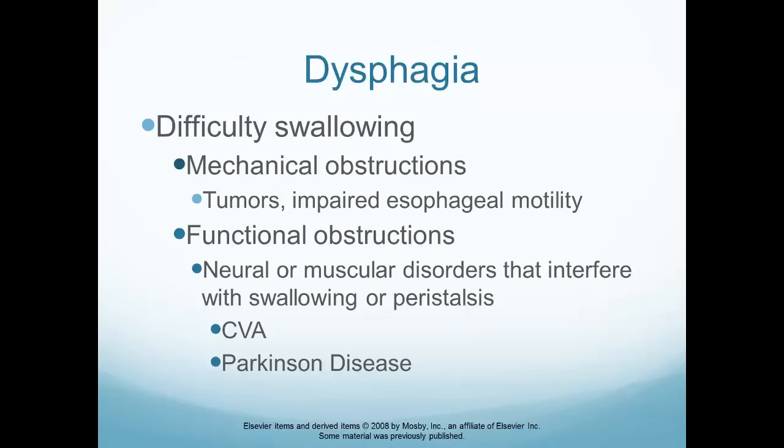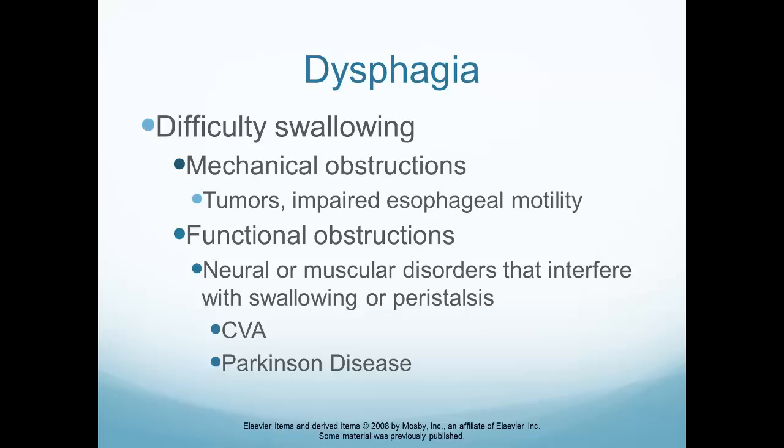Dysphagia is difficulty swallowing. It can be caused by mechanical obstructions or by functional obstructions. So we can have functional obstructions of the upper digestive system, or mechanical obstructions like a tumor that's causing the patient to have difficulty swallowing. One very common situation where a patient has dysphagia is when a patient has a stroke.